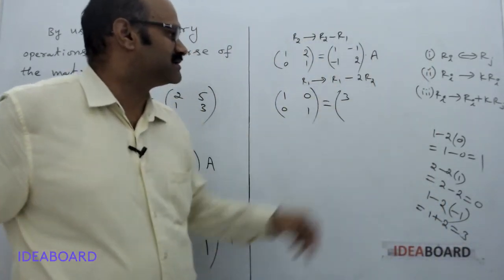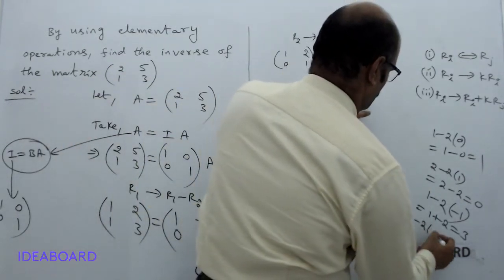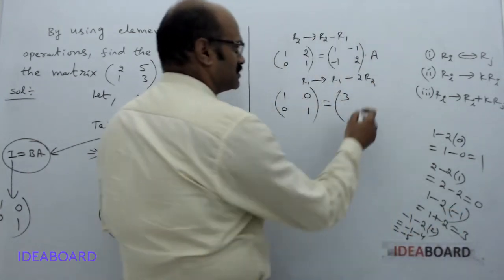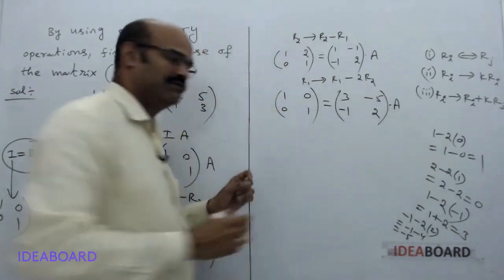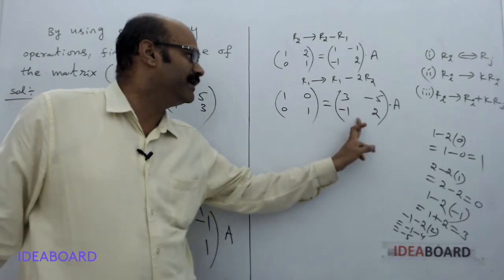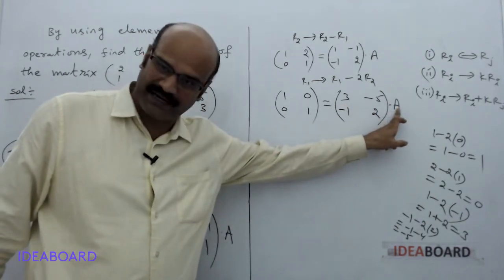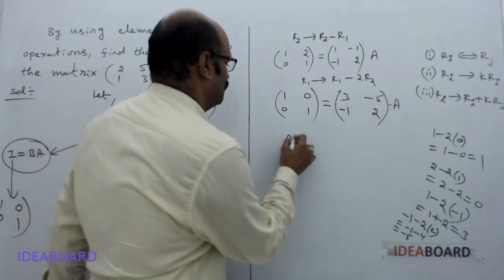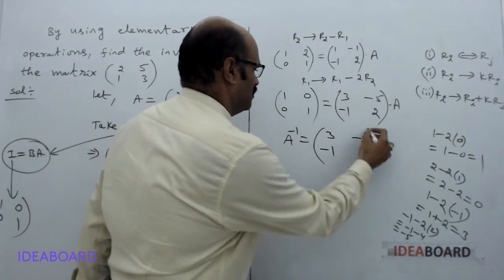Next minus 1 minus 2 into 2, minus 1 minus 4 equals minus 5. So minus 5, minus 1, 2 into A. Now here we are getting it in the form of I equal to B into A. So we say that this is said to be the inverse of this matrix A. Therefore we say that A inverse equals [3, minus 5; minus 1, 2].